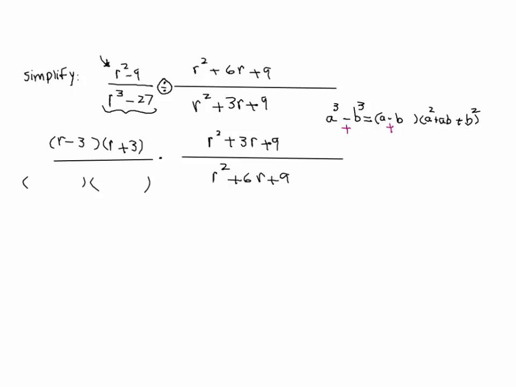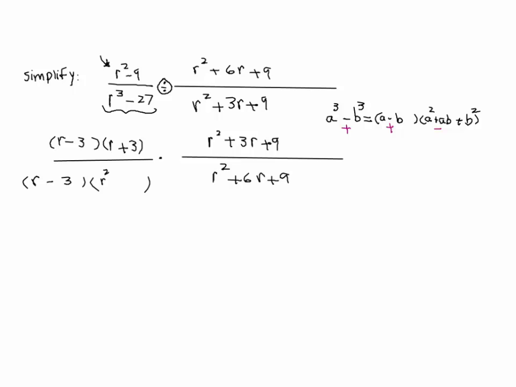If I have a sum of cubes, the only difference would be that the first parenthesis would be a + b, and the signs in the second parenthesis alternate between plus and minus, so it would be minus ab.